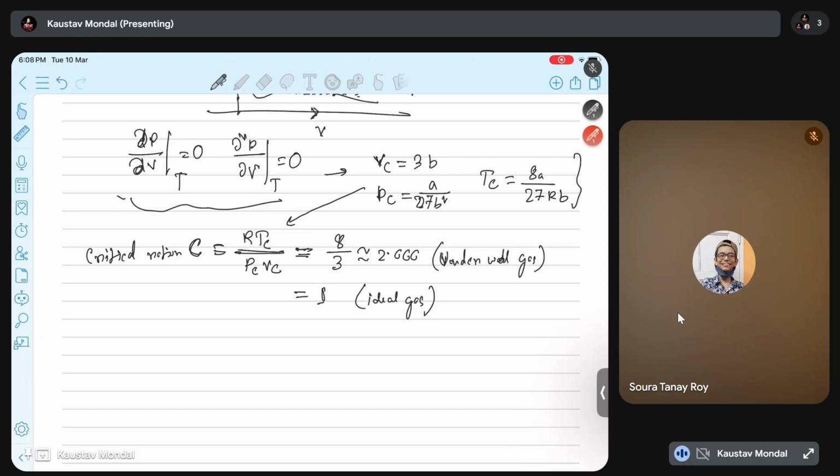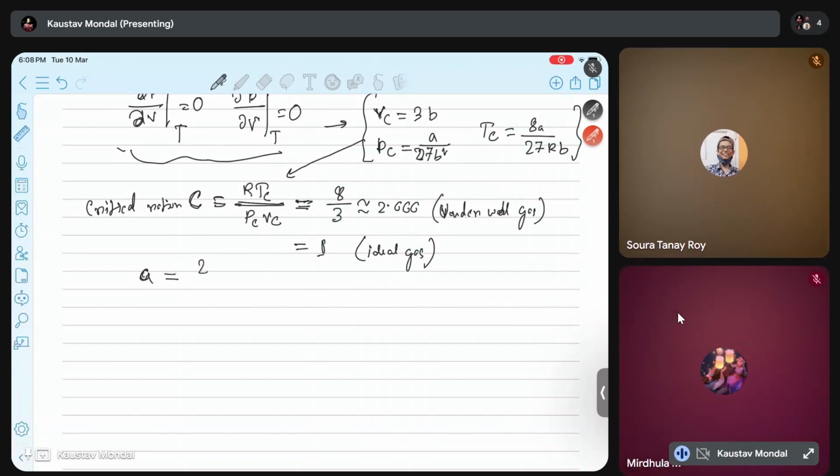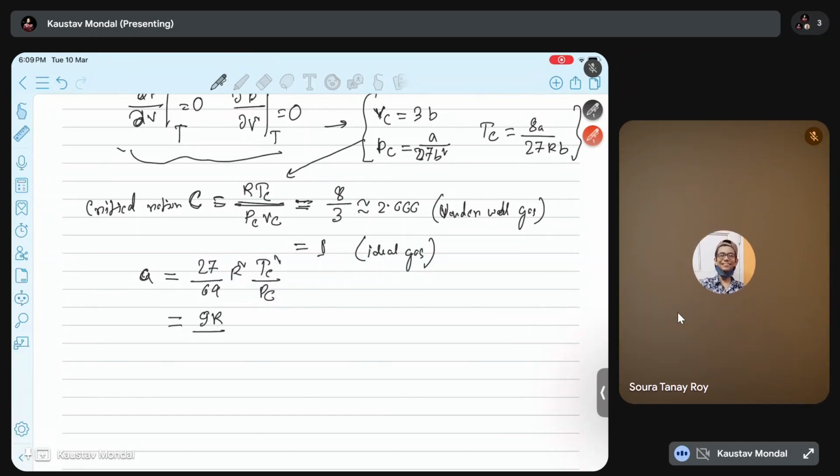These three are very important relations: the expressions of Pc, Vc and Tc. You also have to remember the other way. You can write this constant a in terms of Pc, Vc and Tc also, so that relation is also important. You can write a as 27 R square Tc square by 64 Pc, or in terms of Tc and Vc, 9R by 8 Tc into Vc.